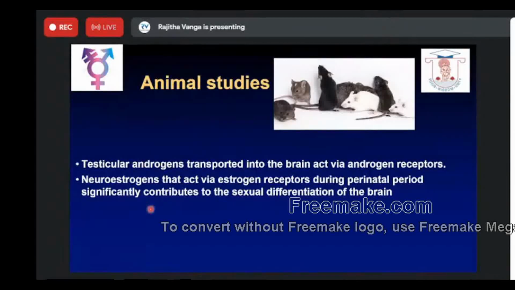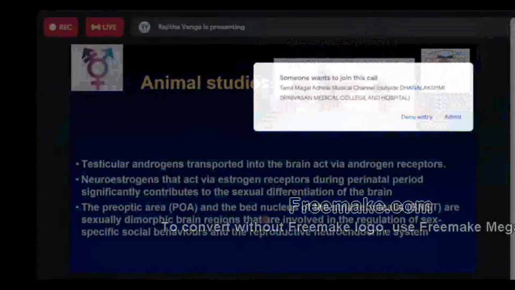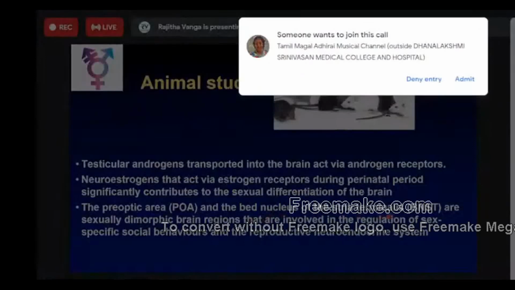Apart from hormones, animal studies also concluded that the preoptic area, which is located in the hypothalamus, and the bed nucleus of the stria terminalis, or BNST for short, are also sexually dimorphic brain regions involved in the regulation of sex-specific social behaviors and the reproductive neuroendocrine system.